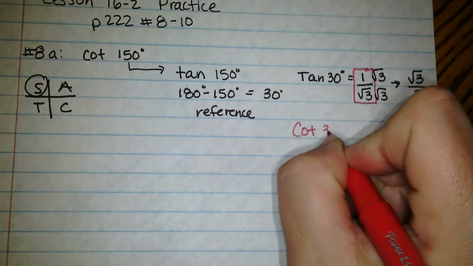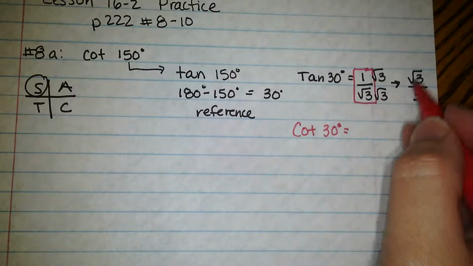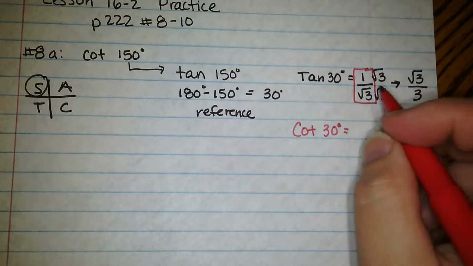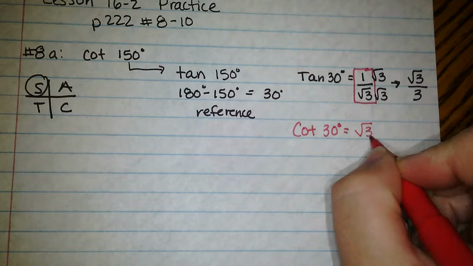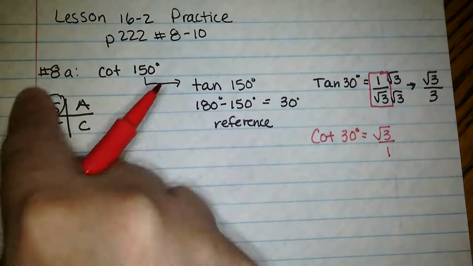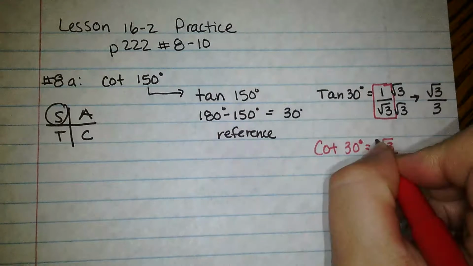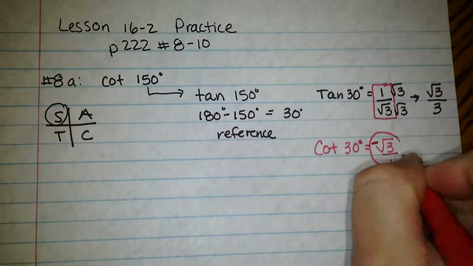The cotangent of 30 is going to be the reciprocal of that, but you're going to end up rationalizing it anyway, so it's just radical 3 over 1. Last thing, go back and look. Cotangent is negative in quadrant 2, so this should be a negative radical 3 over 1.